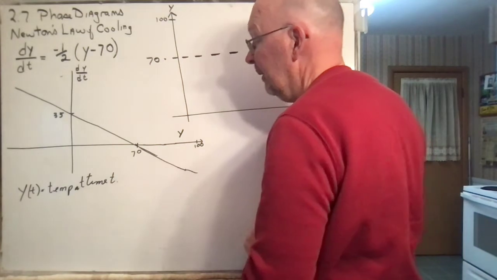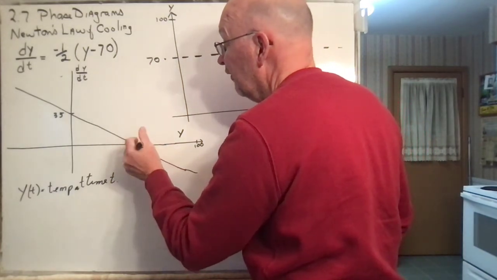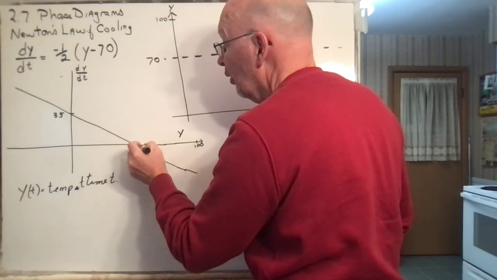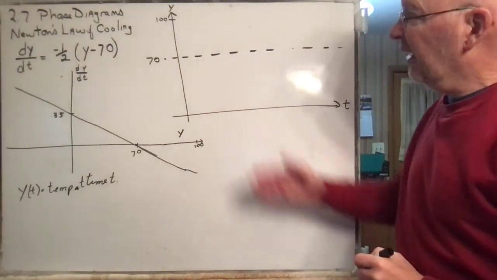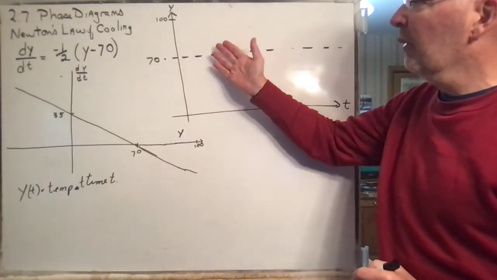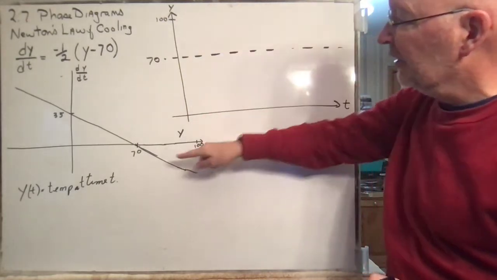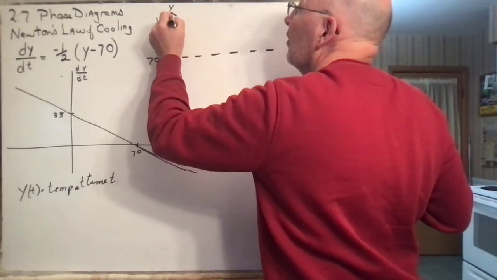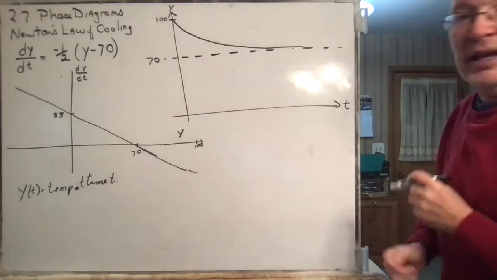I keep going until finally, I don't know whether I'll ever quite get to 70, because as I get closer and closer to 70, I'm going to keep slowing down more and more. So that's the kind of graph we want to put here. We want a graph which starts decreasing rather fast, but as you get closer and closer to 70, it keeps decreasing at a slower and slower rate. So it looks something like that.